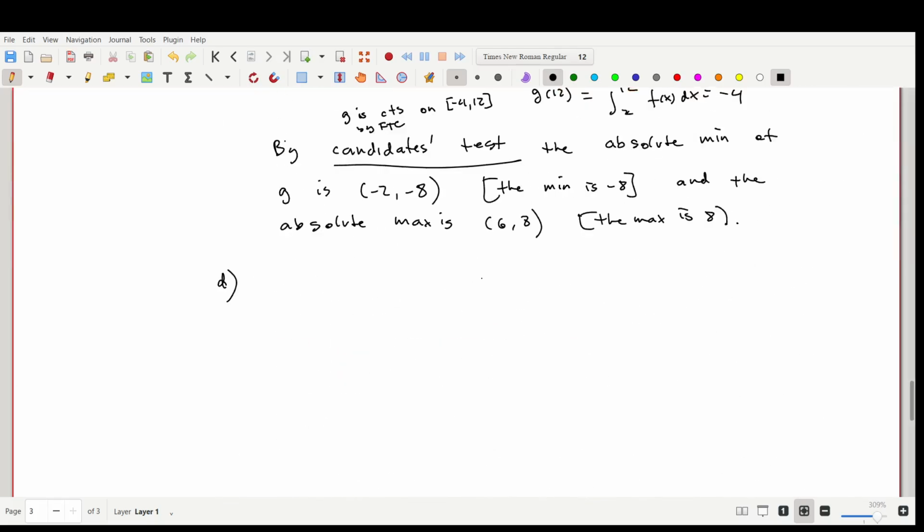And I'll explain why. G of x is less than or equal to 0 on -4 to 2 and 10 to 12. Why is this?